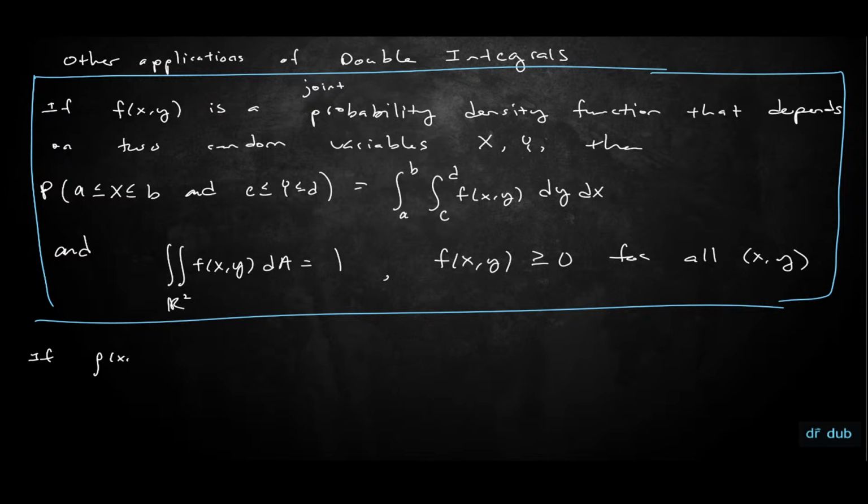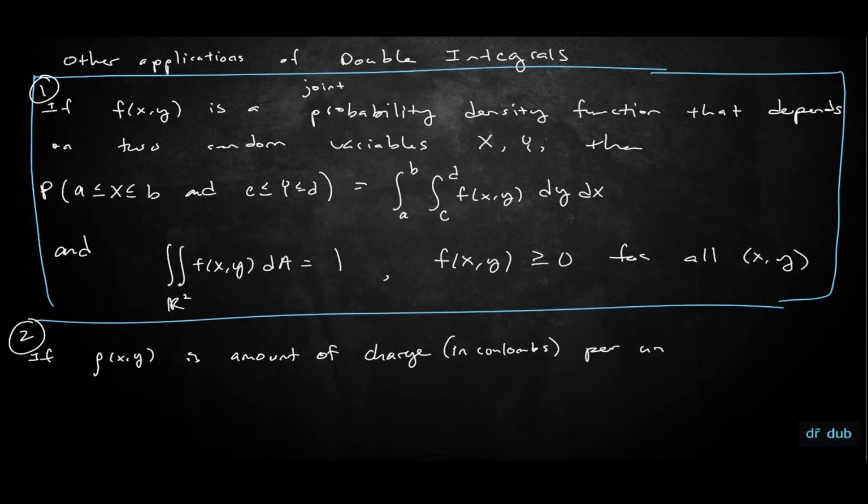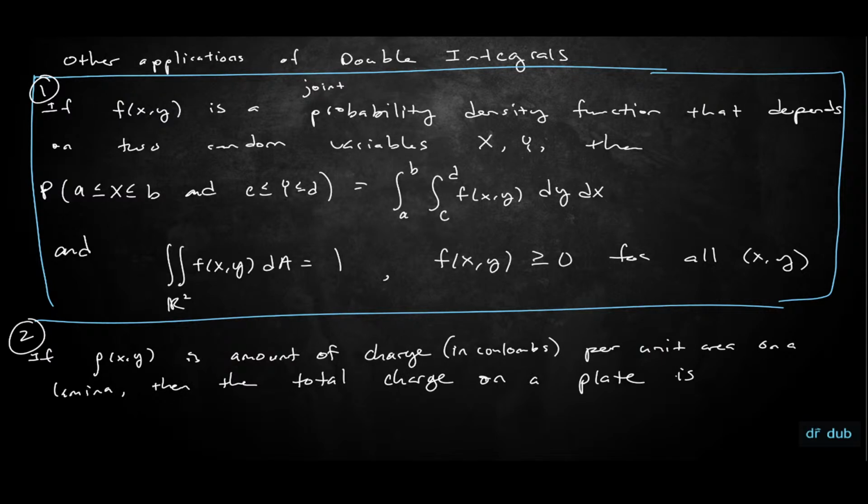Second application: if rho of xy is the amount of charge in coulombs per unit area on a lamina, then the total charge on a plate is Q equal to the double integral over the region R of rho of xy dA.